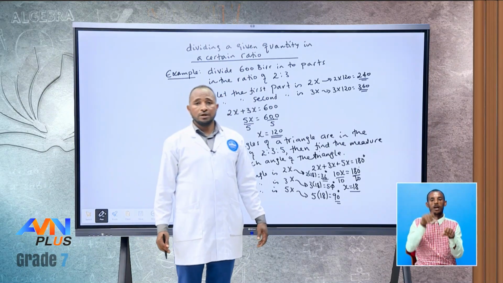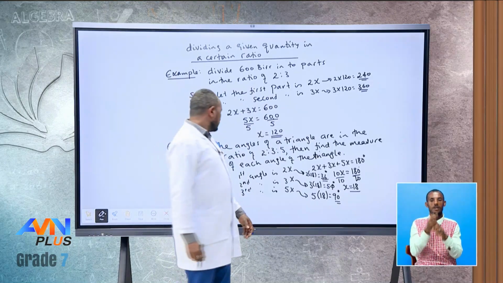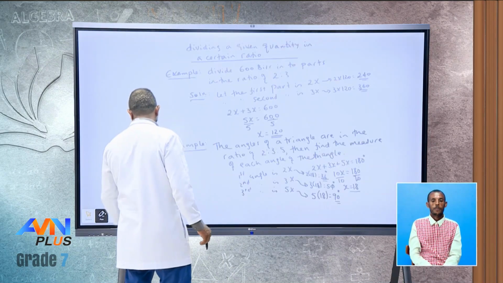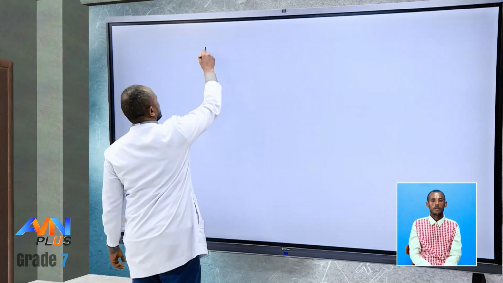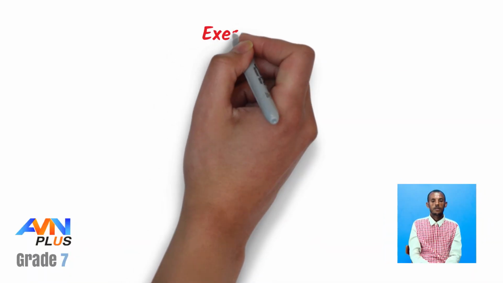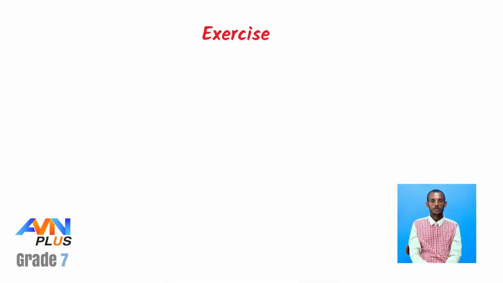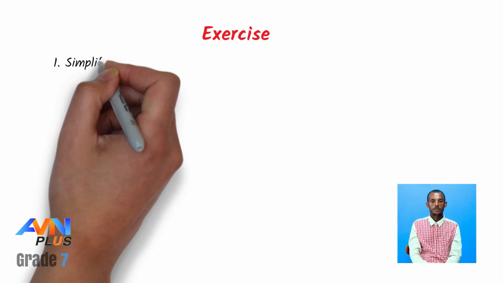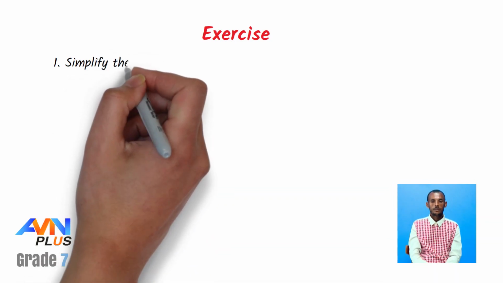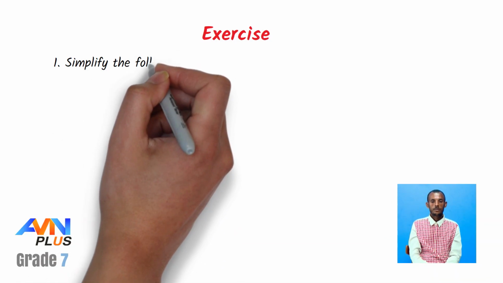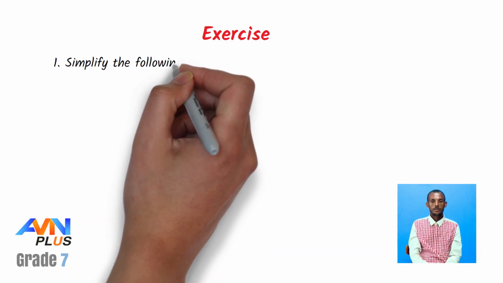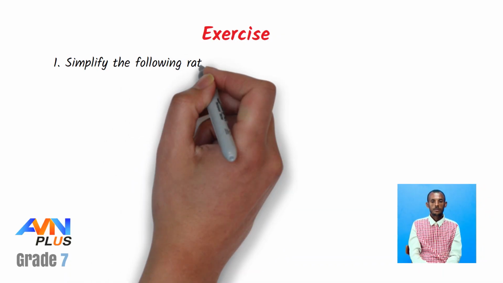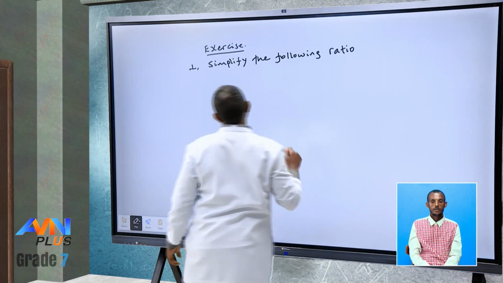So I'll give you an exercise to try at home. Exercise. First question. Simplify the following ratios.